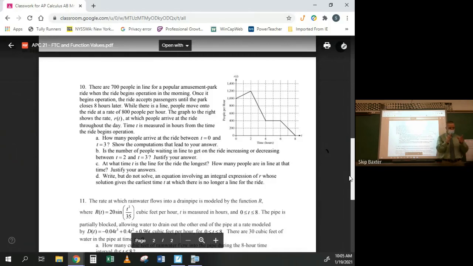What if the rates are equal? Okay, if the rates are equal, that's when the line is decreasing. Hang on a second. Earliest time at which there's no longer a line for the ride.